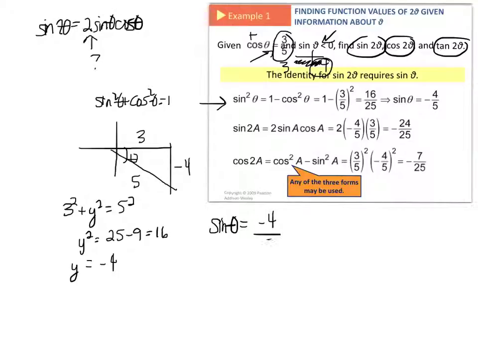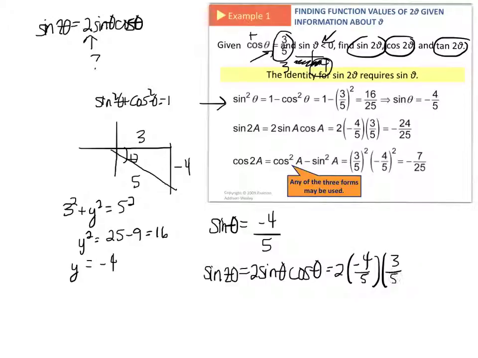our hypotenuse, 5. Okay, so we find that sine of 2 theta is equal to 2 sine theta cosine theta, which is going to be equal to 2 times sine theta, which is negative 4/5, times cosine theta, which we're given from the beginning, 3/5.